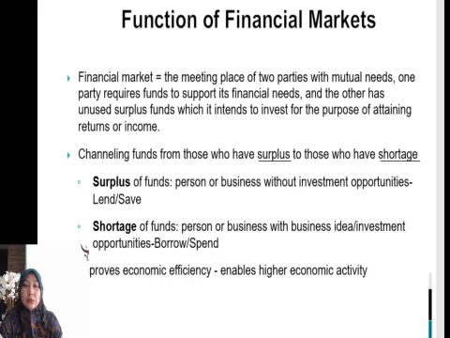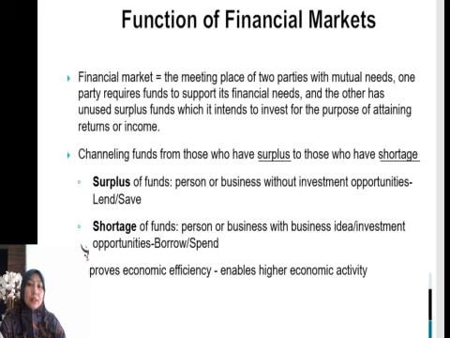So in order to ease the process of the meeting of these two parties, banks or financial intermediaries will come in the middle to connect these two parties, the surplus and the deficit unit.